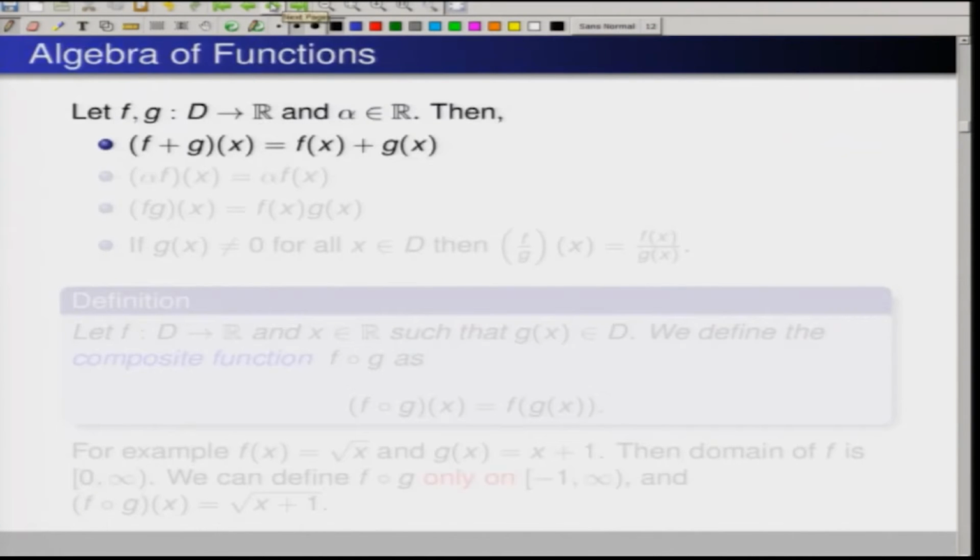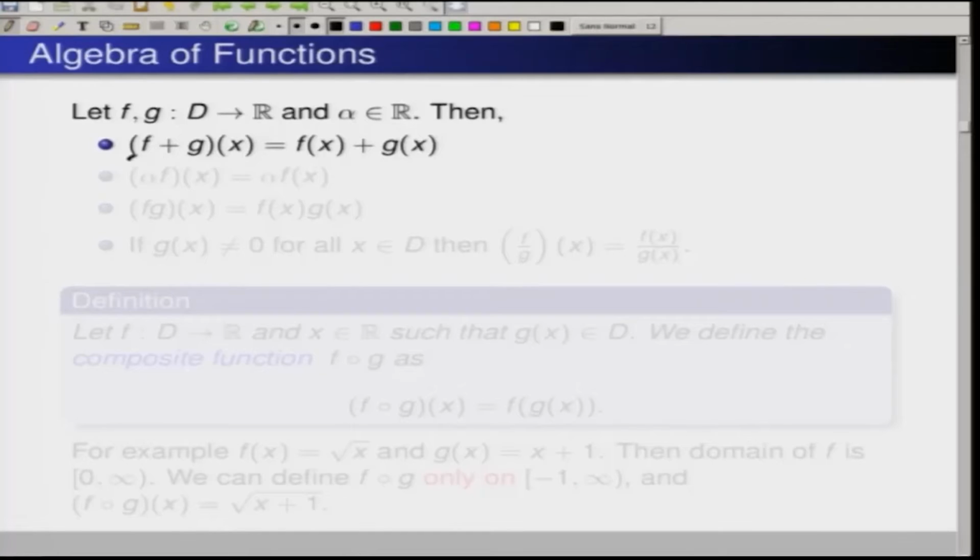Now, you know that given two real numbers we can add them. So, we can give a prescription for whether we can add two functions or not. That will be interesting.